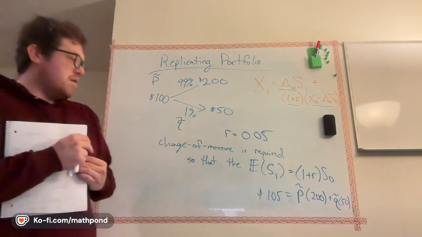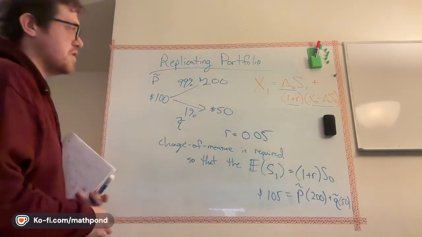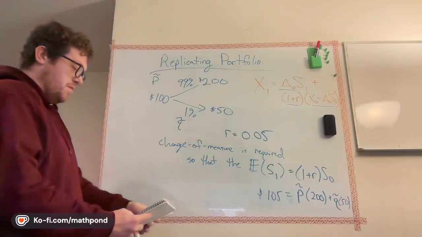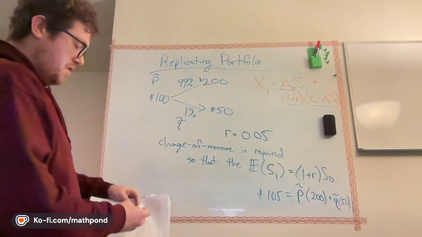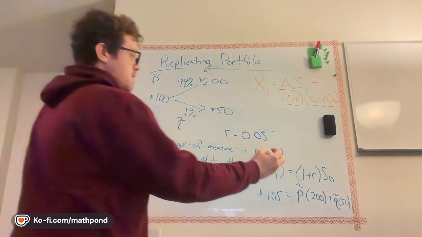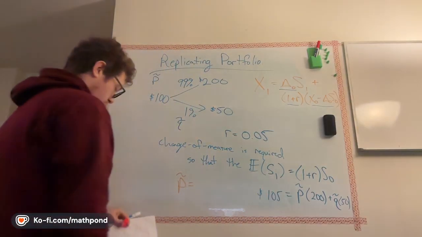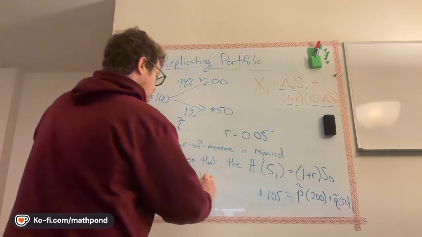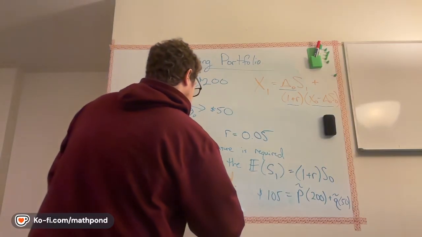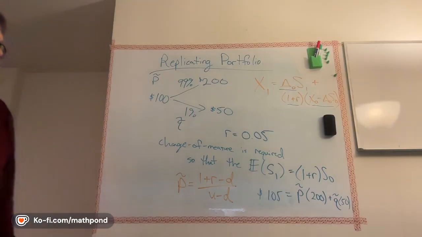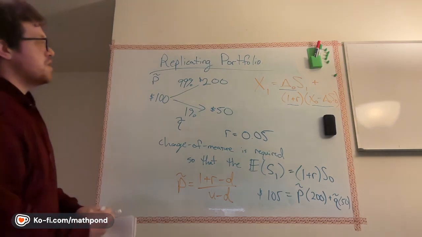So yeah, and then there's a formula for P tilde, so let's write down what that is. The formula for P tilde is always going to be 1 plus R minus D over U minus D. In this case, U would be like 2.